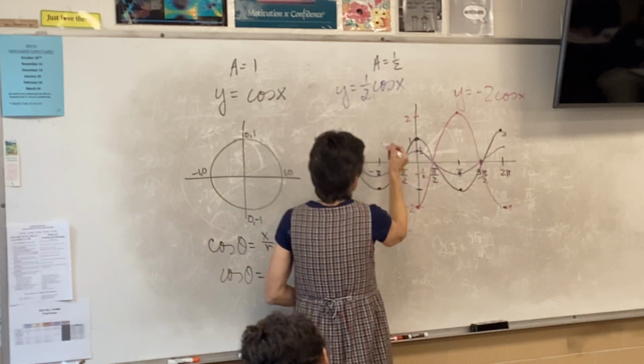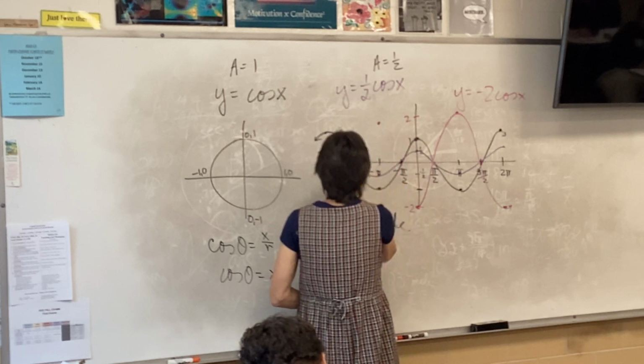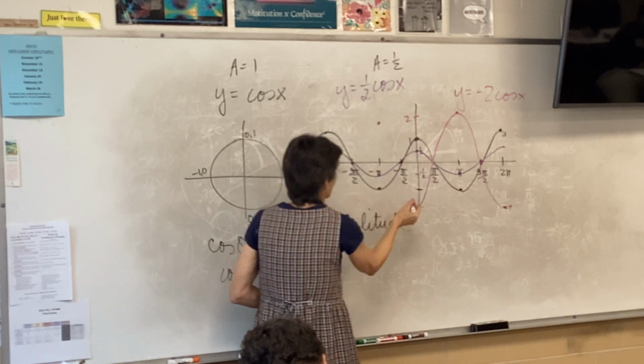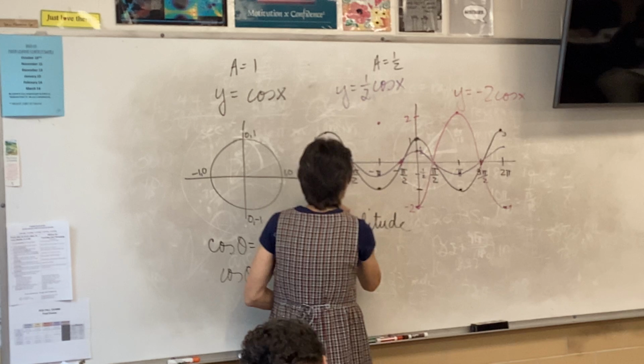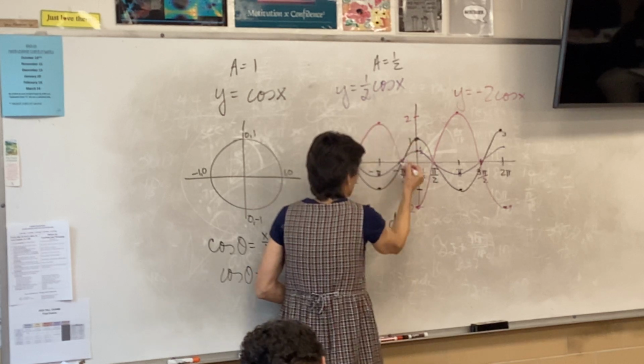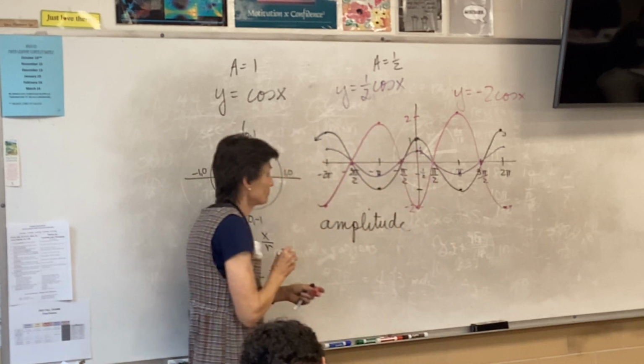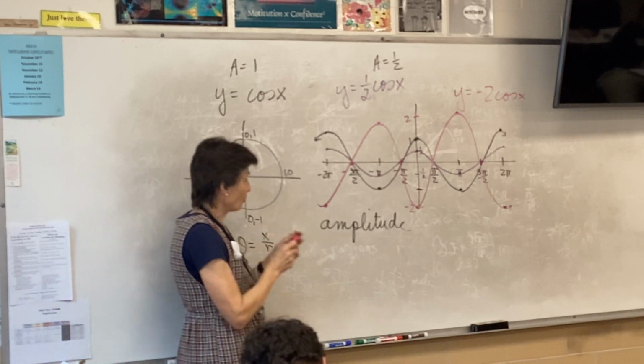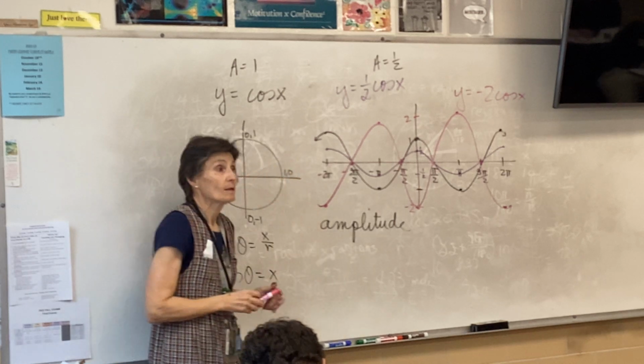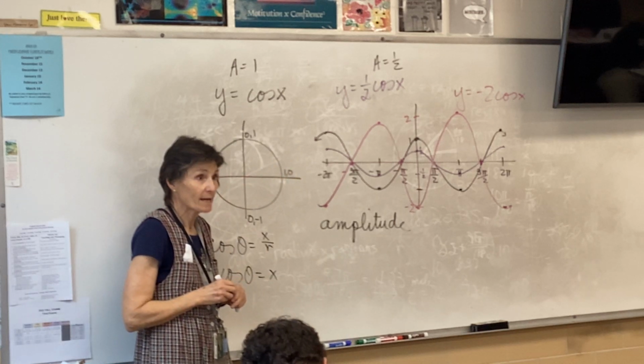And then likewise over here. So the pink one is y equals negative 2 cosine x.